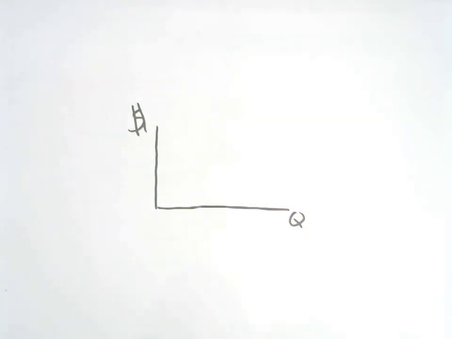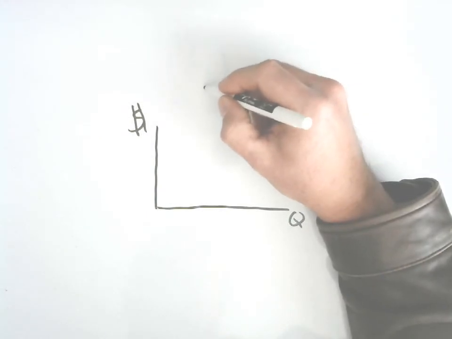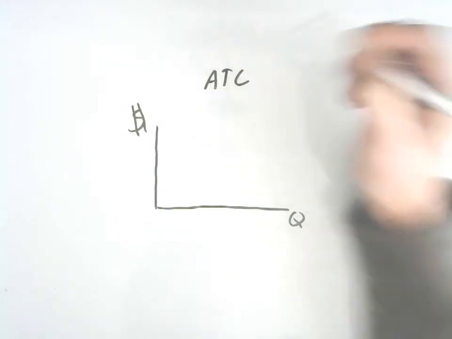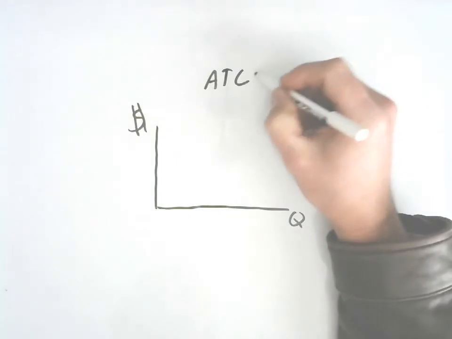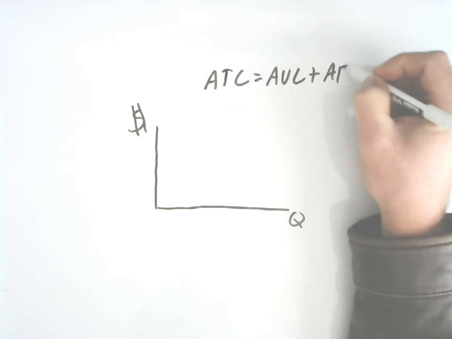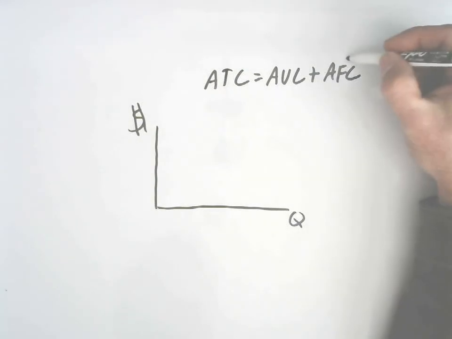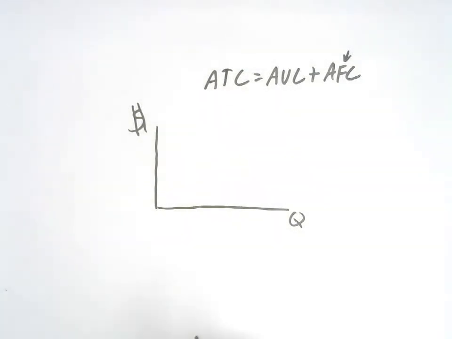So remember, our objective is to find out what average total cost looks like, and average total cost equals average variable cost plus average fixed cost. Now let's start with average fixed cost. What does average fixed cost look like?